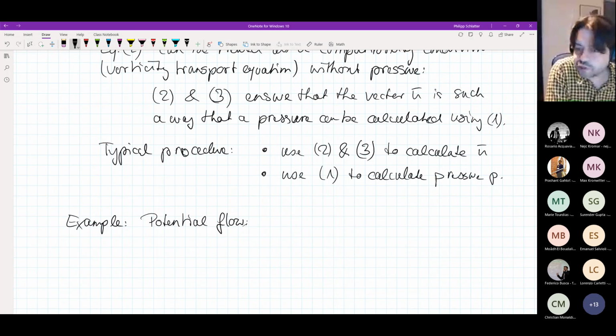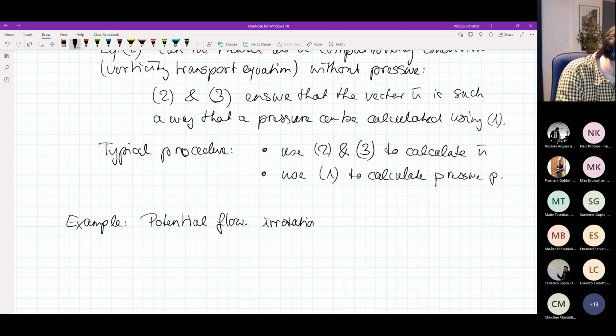So what is potential flow? If you think back to Professor Talamelli's lectures, well, potential flow is irrotational flow. It's irrotational. That means that actually the vorticity needs to be 0.